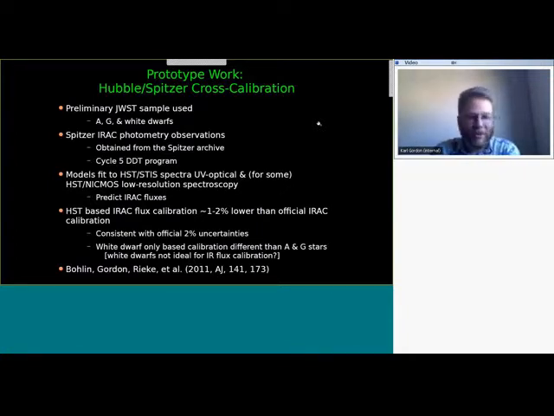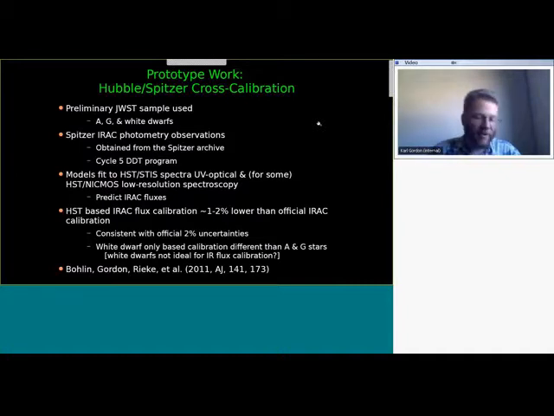We did kind of a prototype bit of work on this that was published a few years ago, led by Ralph Owen. We took a preliminary JWST sample, and at that time it was just A stars, G stars, and white dwarfs. We looked at spectrophotometry, which was obtained from the Spitzer archive or from a Cycle 5 Director's Discretionary Program. We used mostly the HST data, and then direct fluxes, and then asked how the predicted IRAC fluxes compare to the fluxes we measured.